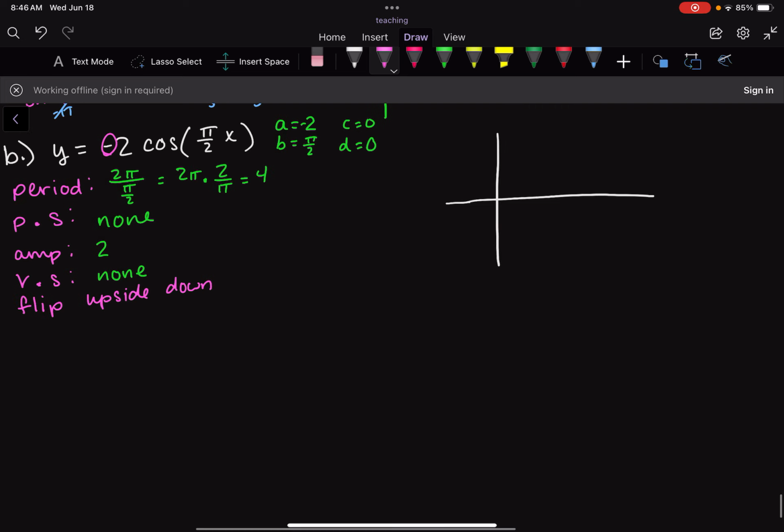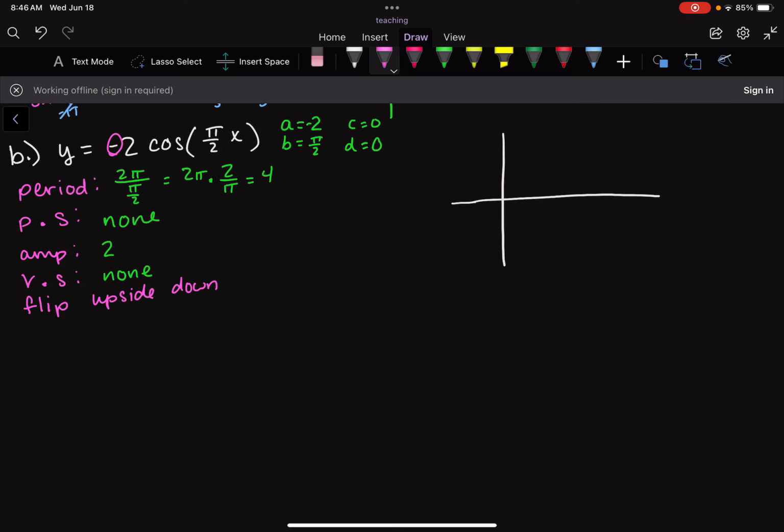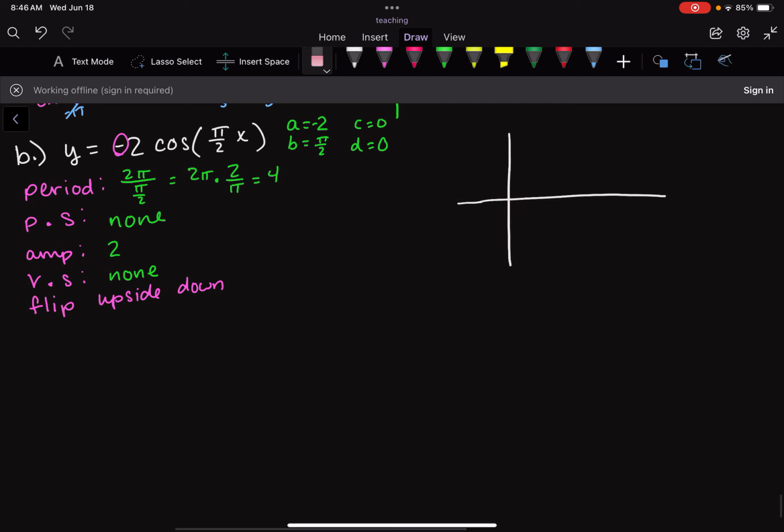And just as a little side thing, if you remember anything from algebra about parabolas, if you have negative 2x squared plus 3x plus 4, anytime that a value in front is negative, that means that your parabola faces downwards. So that's kind of what we're going to see here: if you have a negative in front of your a value, your whole graph just flips.